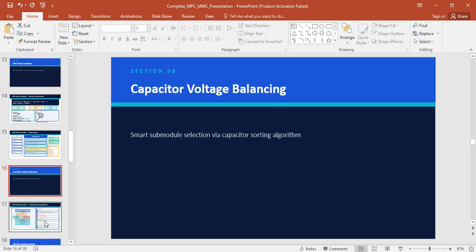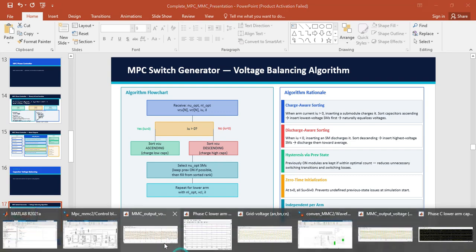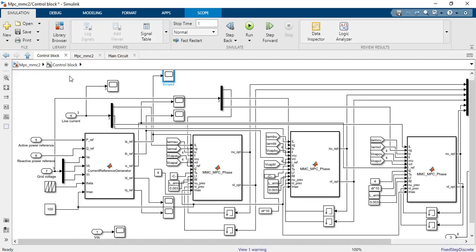All right. So we have a capacitor voltage balancing, based on that the modulating signal we get. So let me show you. Here we are generating the current reference.